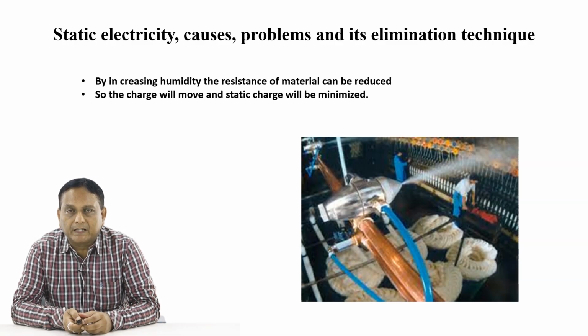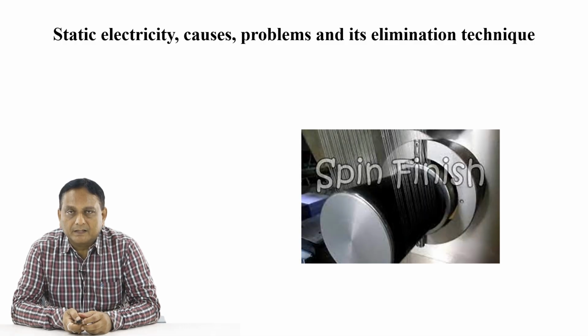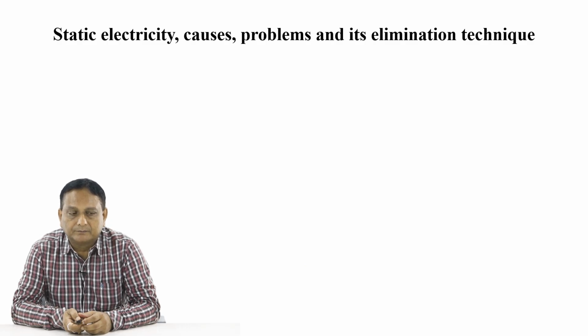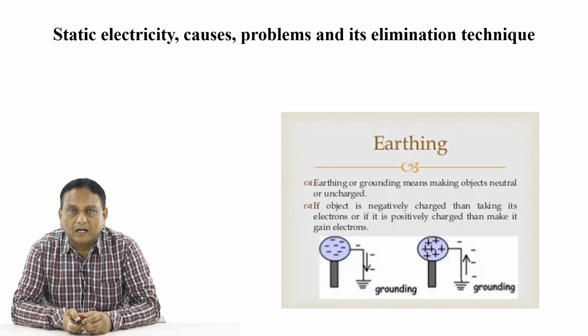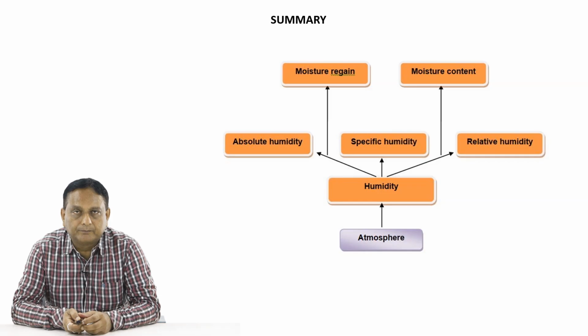The resistance of the material can be reduced, so the charge will move and static charge will be eliminated. So this is one of the ways, by increasing the humidity. Then spin finish is another way, in man-made fiber spinning, by using an anti-static agent or spin applicator. Similarly, earthing is also there. The earthing process will also reduce the charging, so static generation on metallic machine parts can be eliminated.